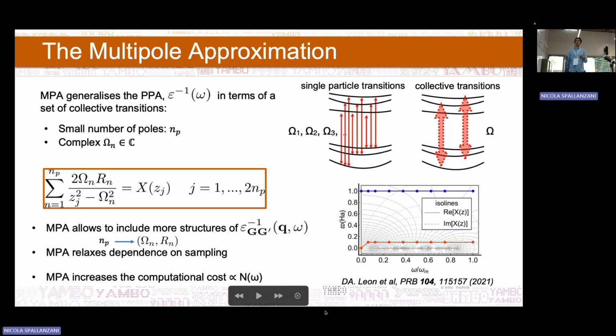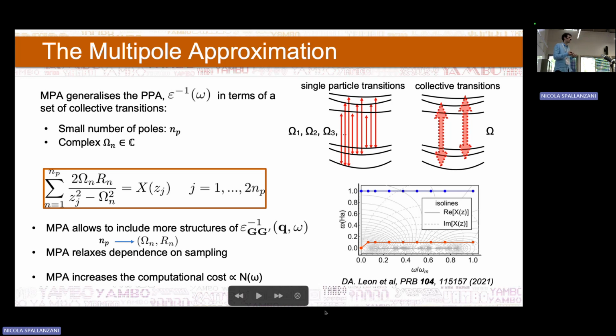Another difference is that these collective modes can be complex. Instead, in the plasmon pole model, it's always real. But you see now we are exploring a large region of the frequency space, so we have less dependence on the sampling choice.